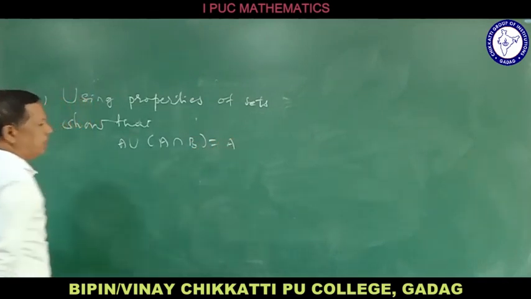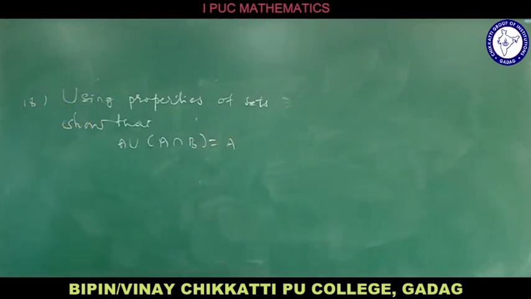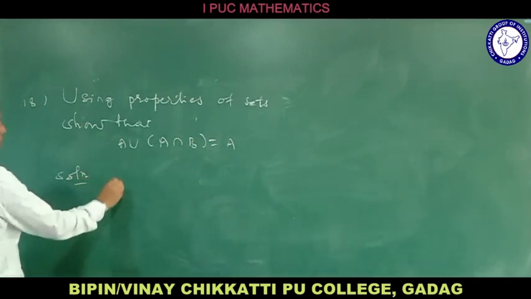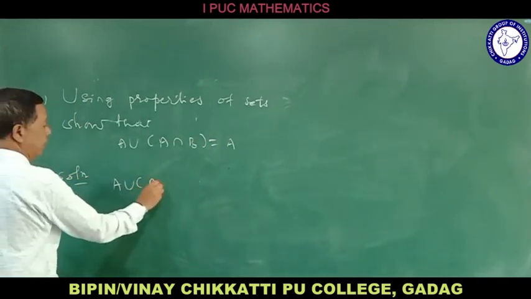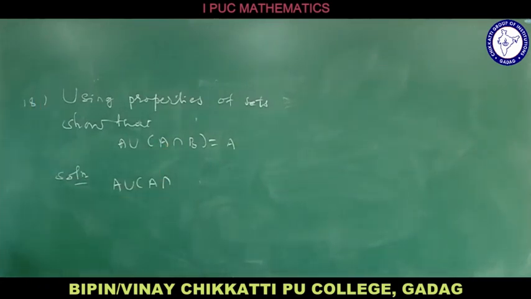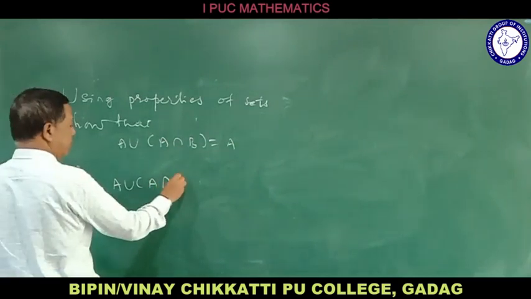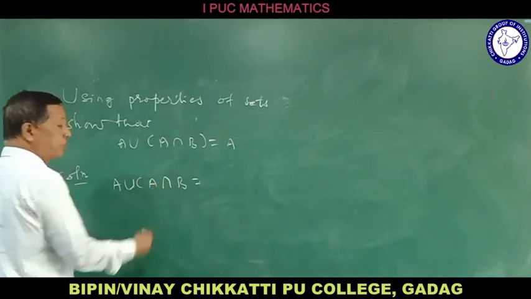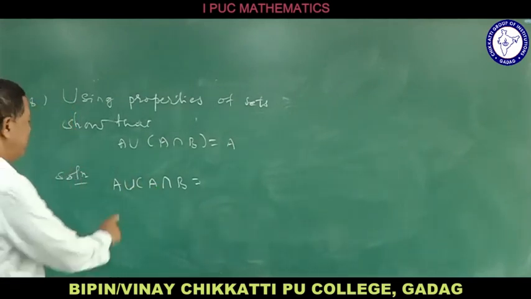We have to prove it by using the properties of sets, either the intersection or the union. Of course this can be proved with an example, but that is not the question here, because you have to use the property, then prove it. Here you have to use the distributive law. What is the distributive law?